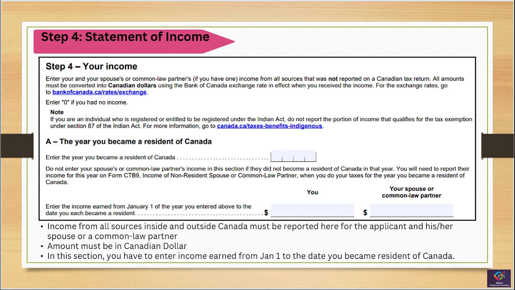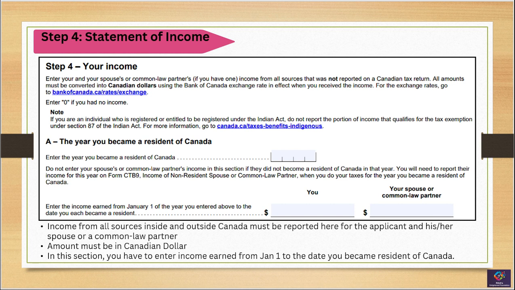Here comes the importance of this form. Through this form, you are informing CRA about your past income, which will provide CRA the basis for calculating and providing you the benefits of GST, HST, or Climate Action Incentive, and others.